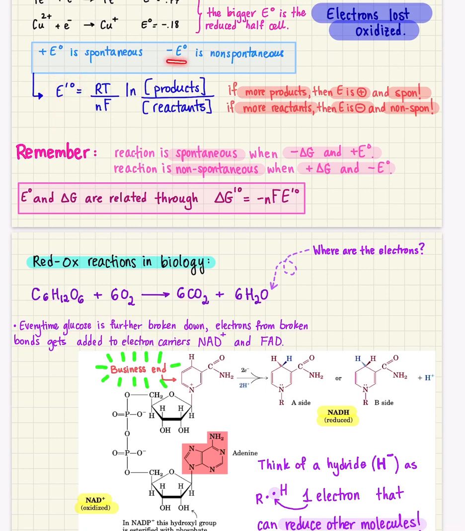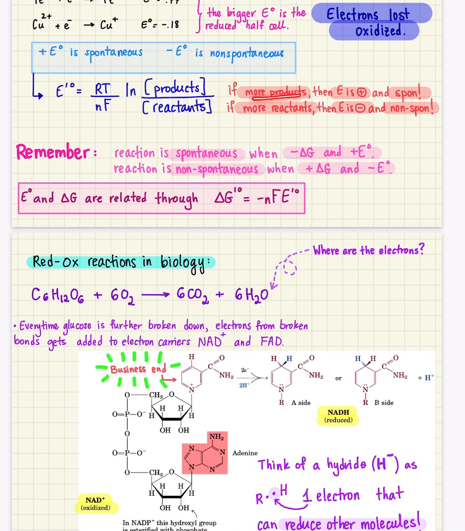And as we said, a negative half-cell potential will give us a non-spontaneous reaction. That also makes sense because if we have a lot more reactants than products, our reaction is not favorable to go to the right. It is non-spontaneous. And I have summarized all of that over here.